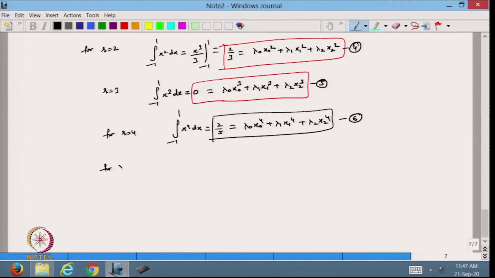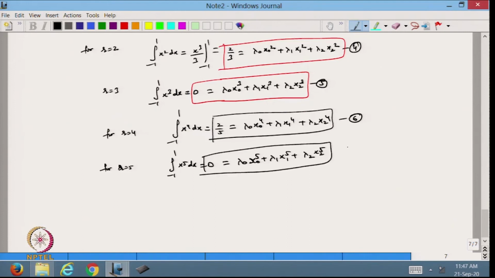And the last one, for r is equal to 5, is the integral from minus 1 to 1 of x to the power 5 dx, an odd function, so its value will be 0, equal to lambda 0 x naught to the power 5 plus lambda 1 x 1 to the power 5 plus lambda 2 x 2 to the power 5. That is the last equation.